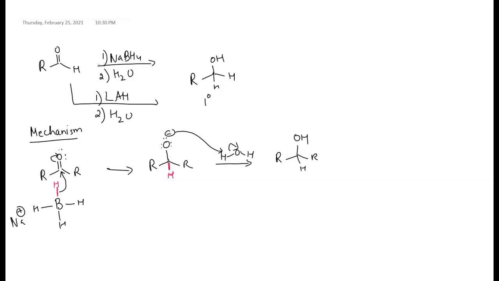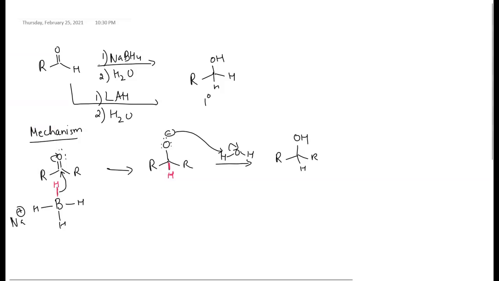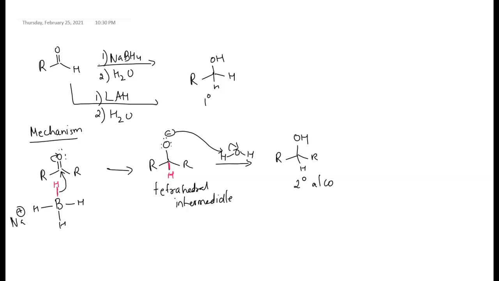So we have an H minus that is attacking the carbon atom. We have a tetrahedral intermediate, which then reacts with water in the second step to form the secondary alcohol.